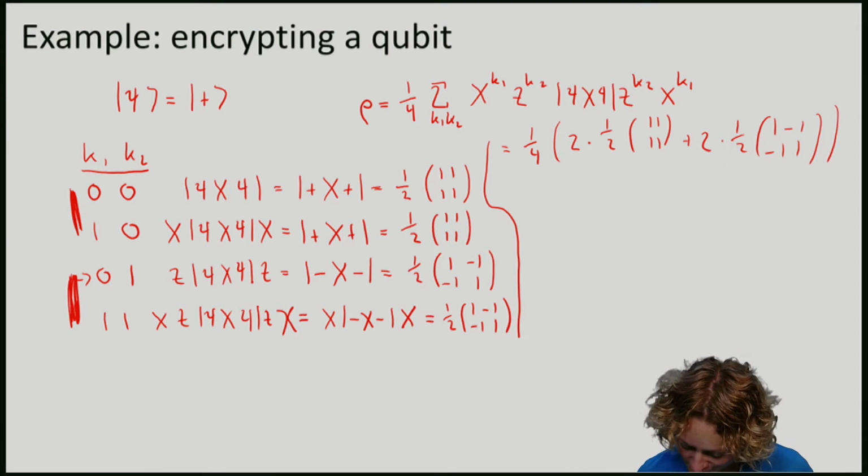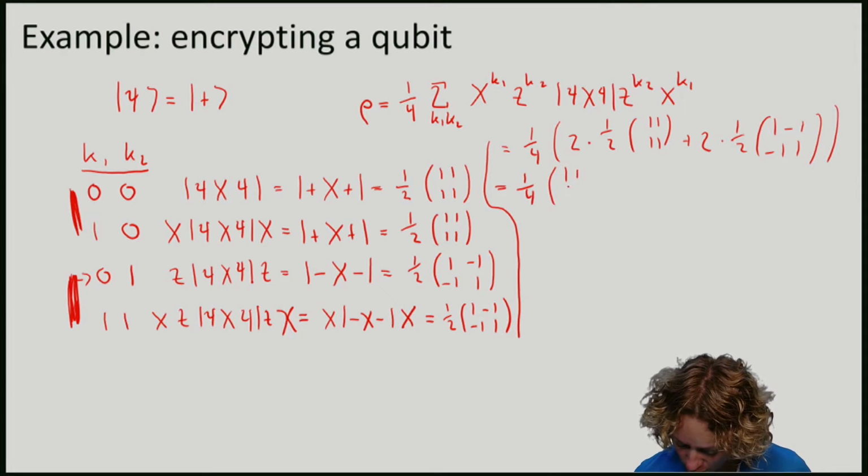So if I compute this, what we'll have is a quarter, 1, 1, 1, 1, plus 1, minus 1, minus 1, 1.